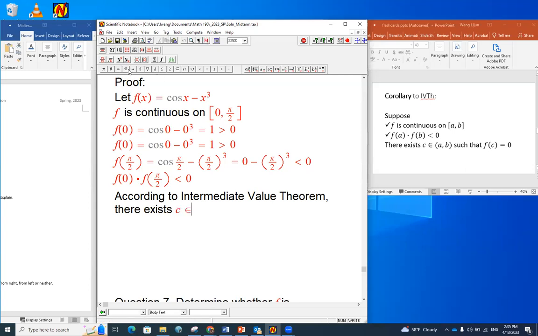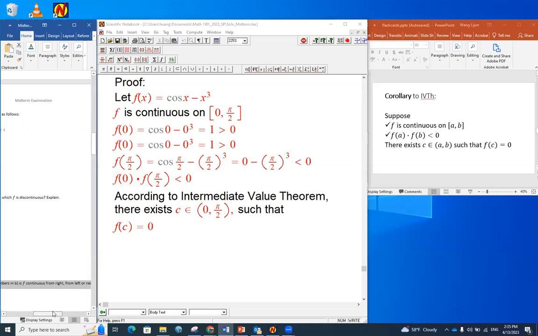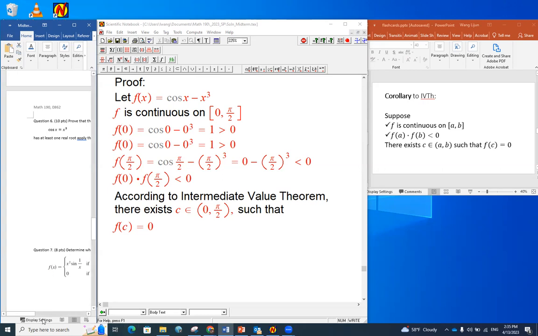Where is c? c is going to be inside the interval, such that f of c equals 0. f of c equals 0. There exists, because the question on the exam said there's at least one. Once you can prove there's one, you have proved there's at least one.